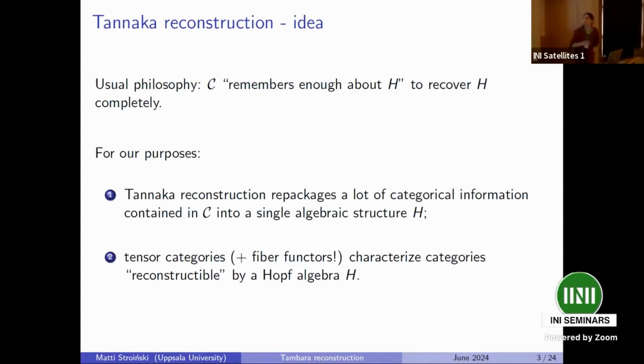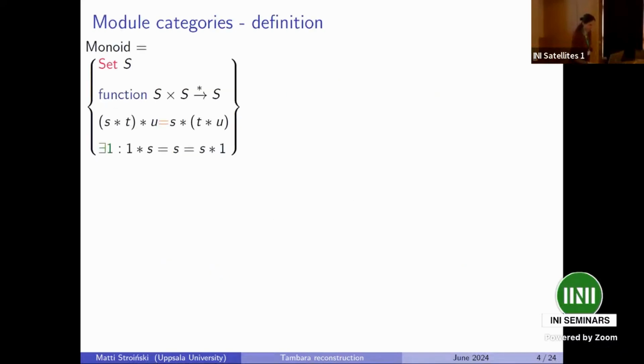What is nice about Tannaka reconstruction for this talk is that it repackages a lot of categorical information into a single algebraic structure. It takes a whole tensor category and just returns the Hopf algebra. And those lengthy technical assumptions characterize categories which can be packed into an algebraic structure in this way.